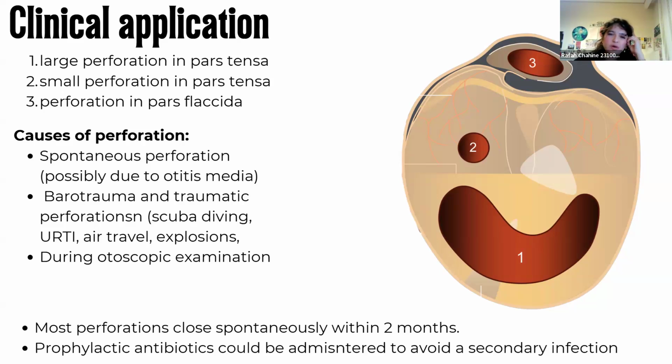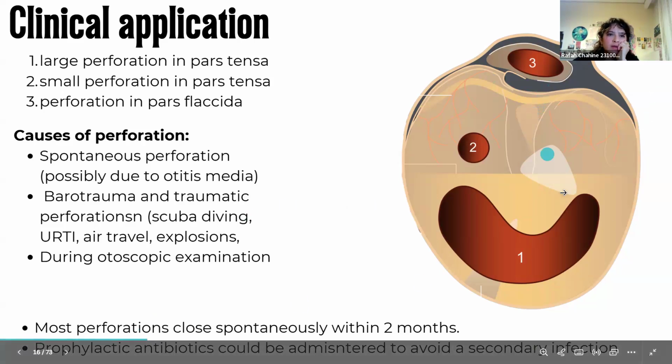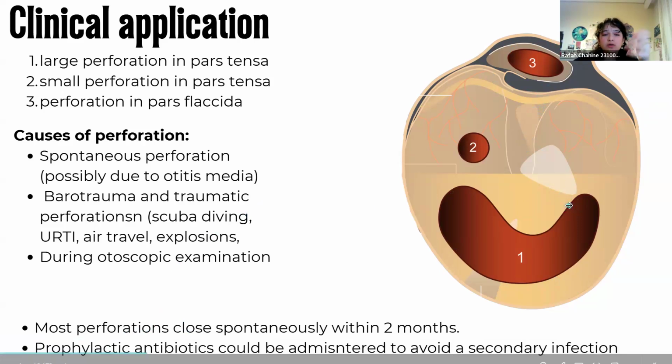And that's why spacecrafts have this whole pressure equalizing mechanism. The perforations that occur in the tympanic membrane usually will spontaneously close in about 2 months. But in case a perforation does occur, you can give prophylactic antibiotics to avoid any secondary infections.